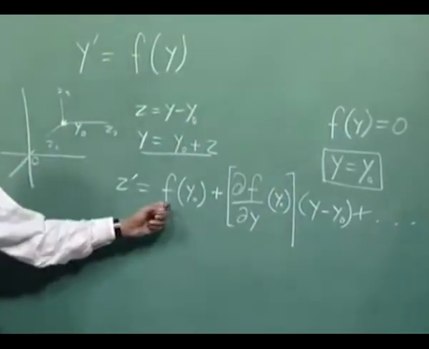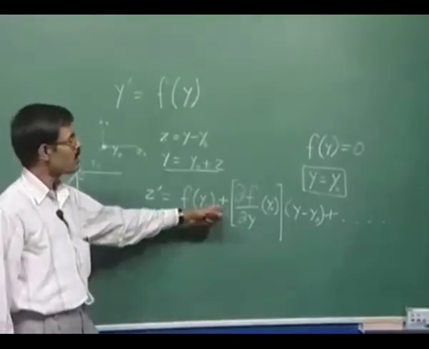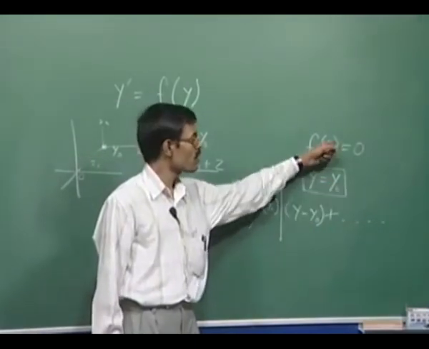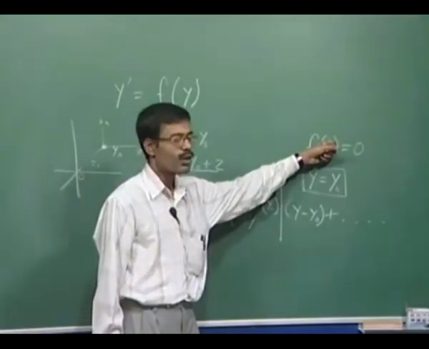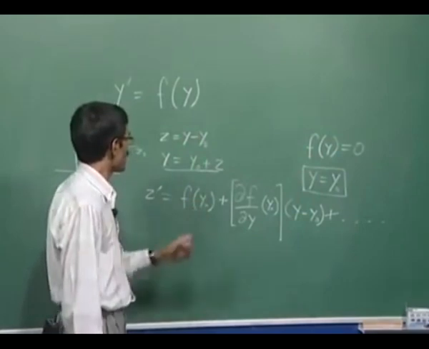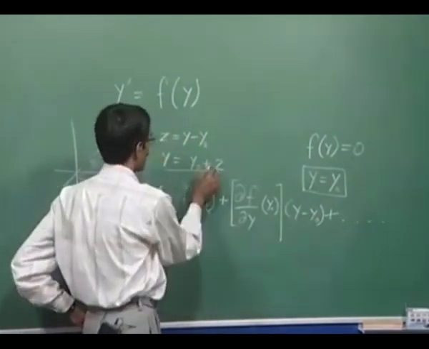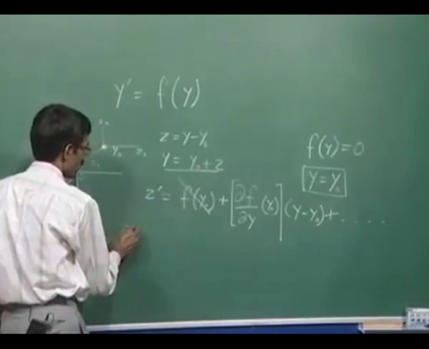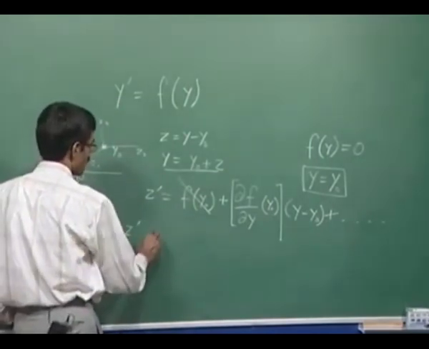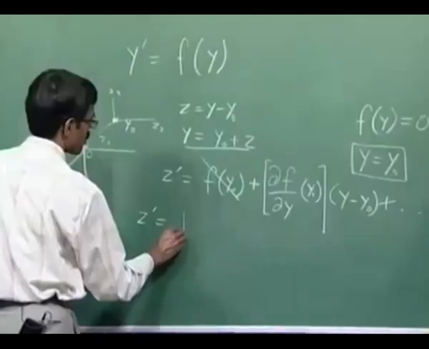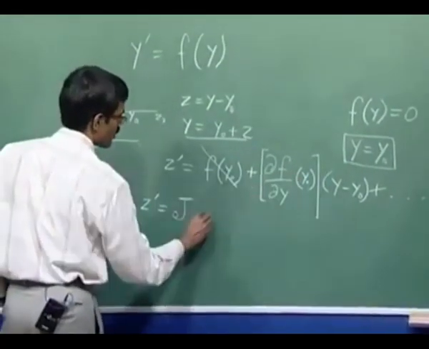Now, see, f of y0 is 0 because we found y equal to y0 through the solution of this system of nonlinear equations. So, this is 0. Then y minus y0 is z. So, then what do we get? We get z prime is equal to this matrix, which is a Jacobian, into z.